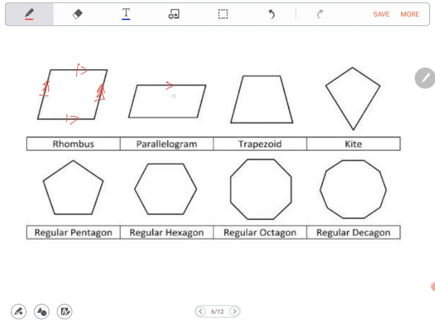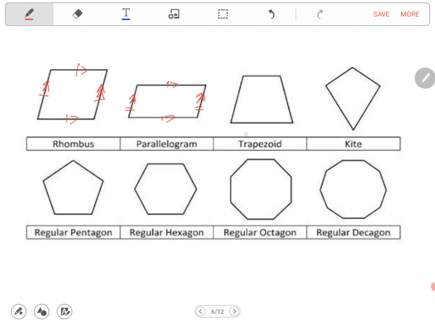So this side here is equal to this one, and it's also parallel to that side as well. And then we have this side here being parallel and equal to the opposite sides.